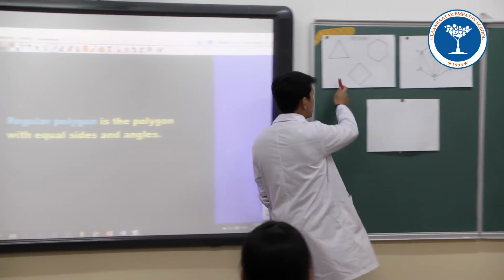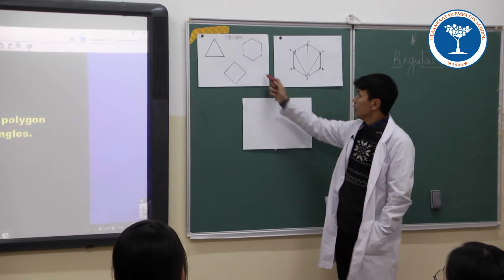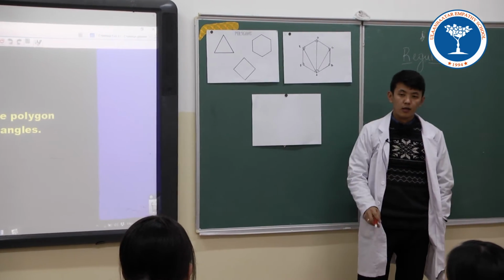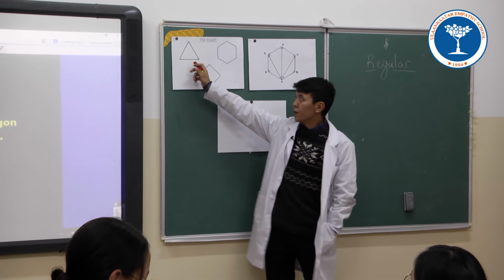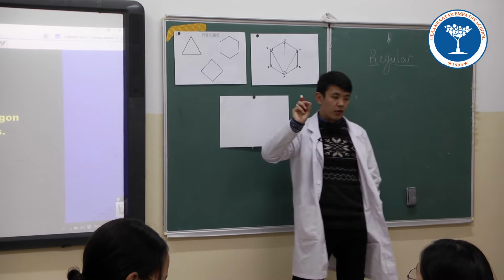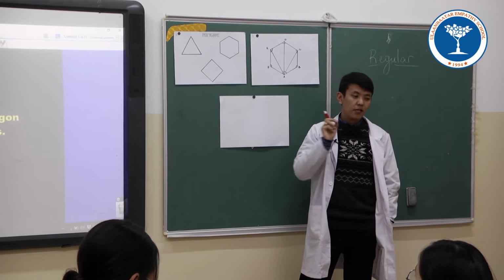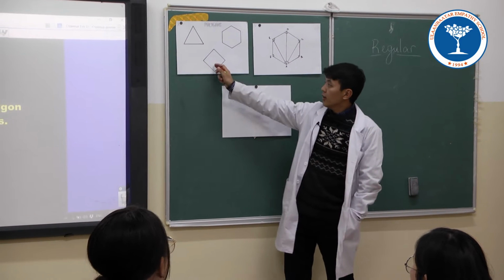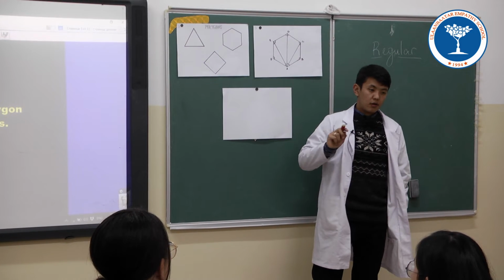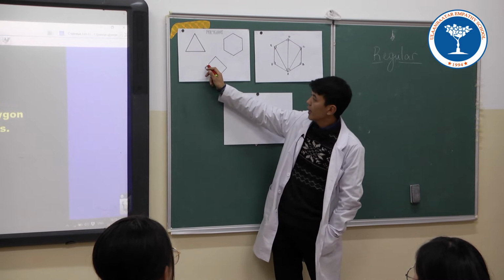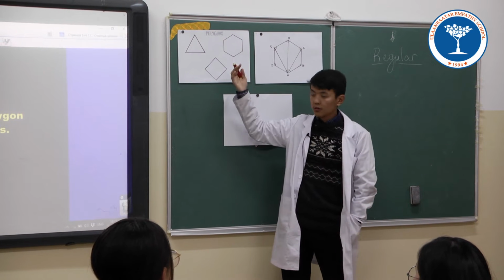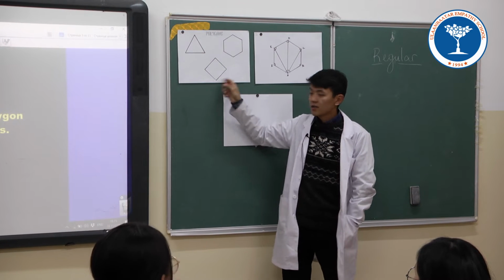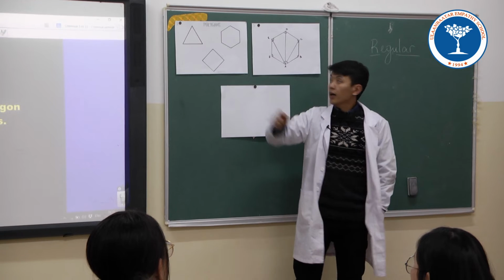Here, on the first cheat sheet, you have 3 regular polygons. The first regular polygon is a triangle. It's called an equilateral triangle, which comes from equal. Second is a square. The angles are the same, 90, 90, 90, and the sides are also equal to each other.